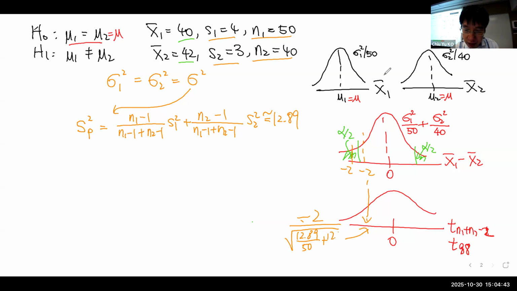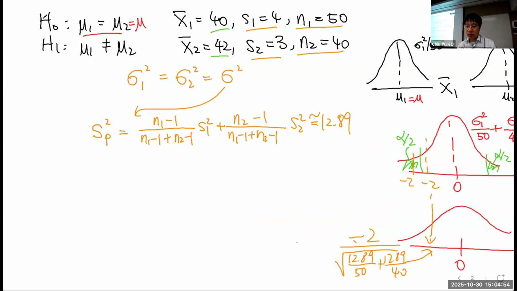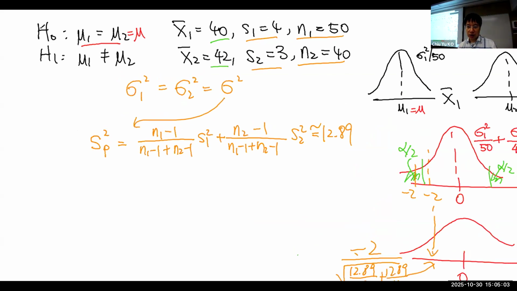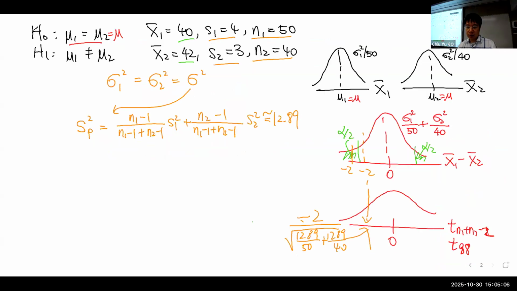Plus 12.89 over 40. Okay. So this is the number. And which is here in this slide, which is -2.6. Okay. -2.6.